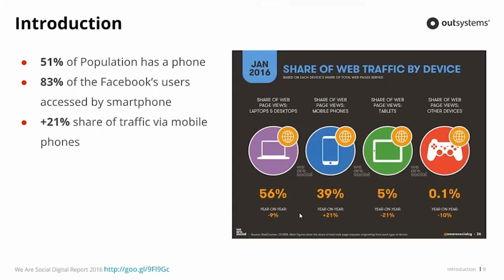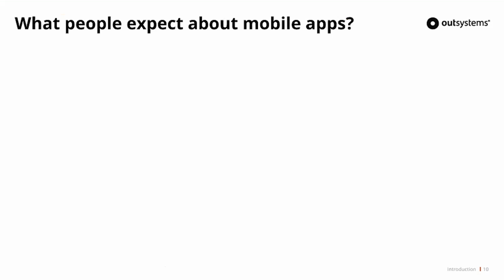These are very important numbers because nowadays we use our smartphones more and more, and we need to improve our applications to be faster and to get better performance.